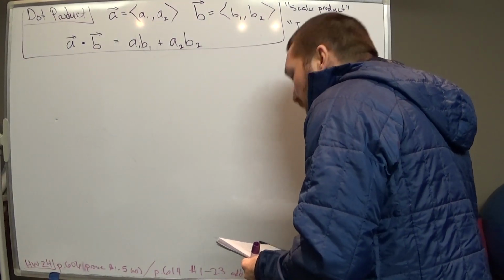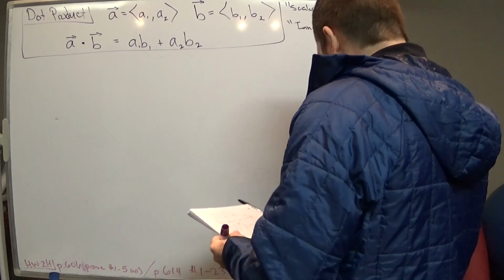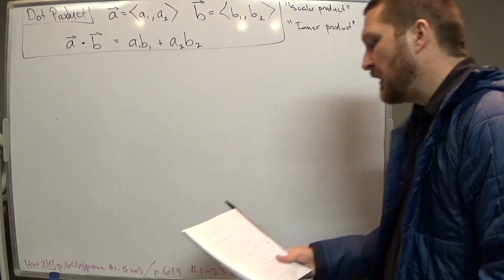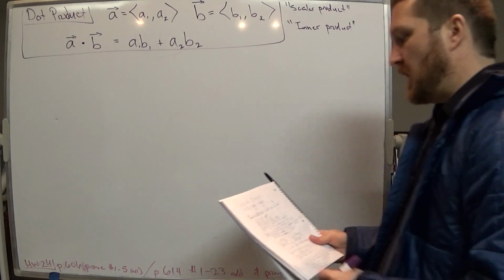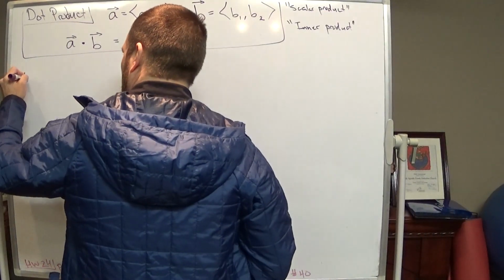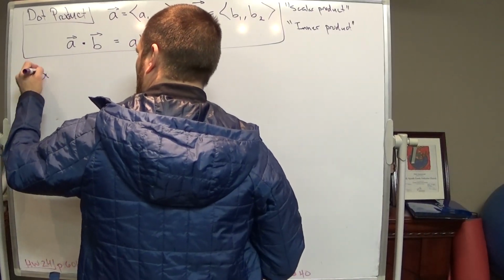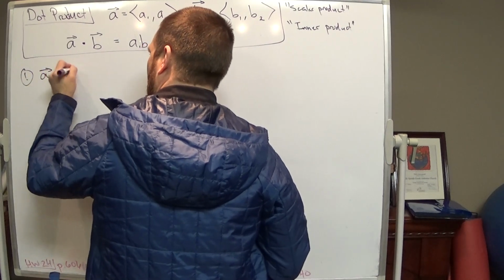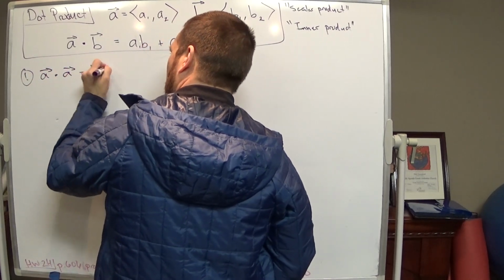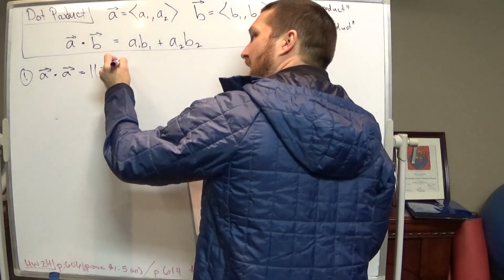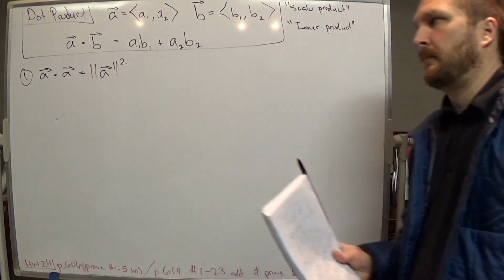Okay, properties of the dot product. This is the stuff from page 606. I'm just going to write them on the board, and you're going to prove them. Property 1: A dot A is equal to the magnitude of A squared.